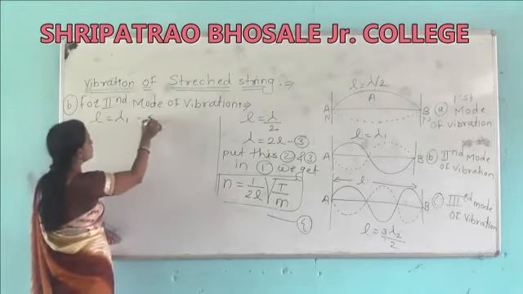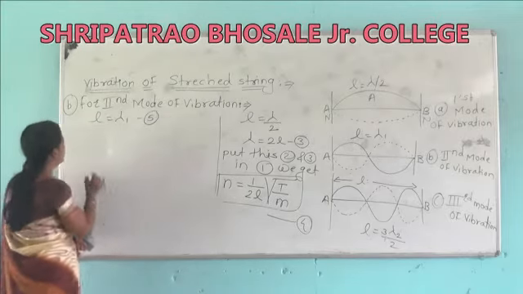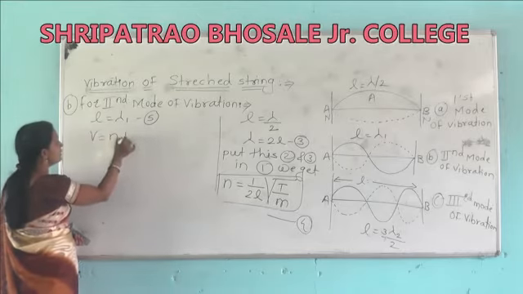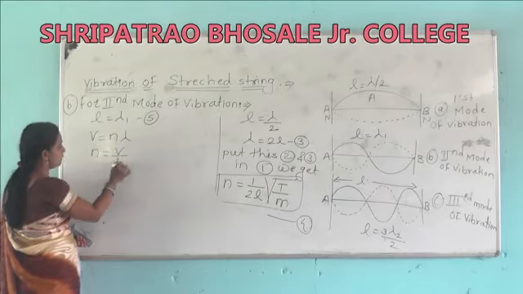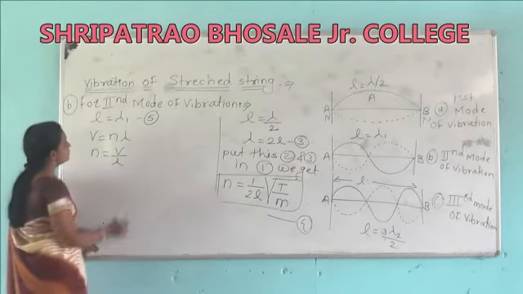Say this equation 5. Then V is equal to N lambda, so N is equal to V by lambda.